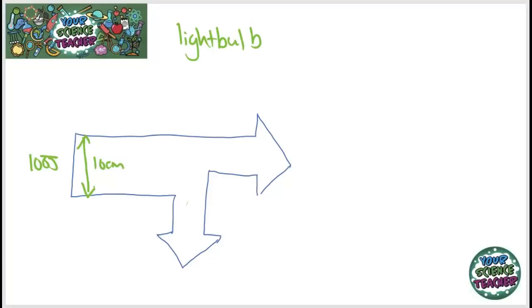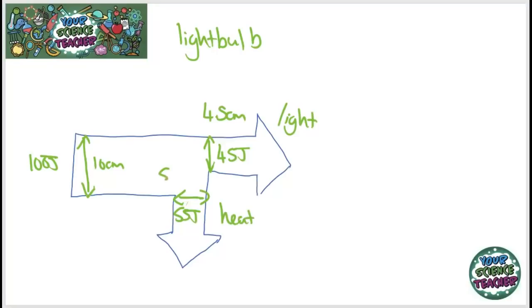Now, let's have a look at my useful and my wasted energy. My useful energy coming out of a light bulb is light, and here you can see the light energy arrow is a little bit thinner, so I'm going to say 45 joules comes out as light, and that would be represented by 4.5 centimeters, and then 55 joules must be wasted as heat, and to draw that would be 5.5 centimeters.